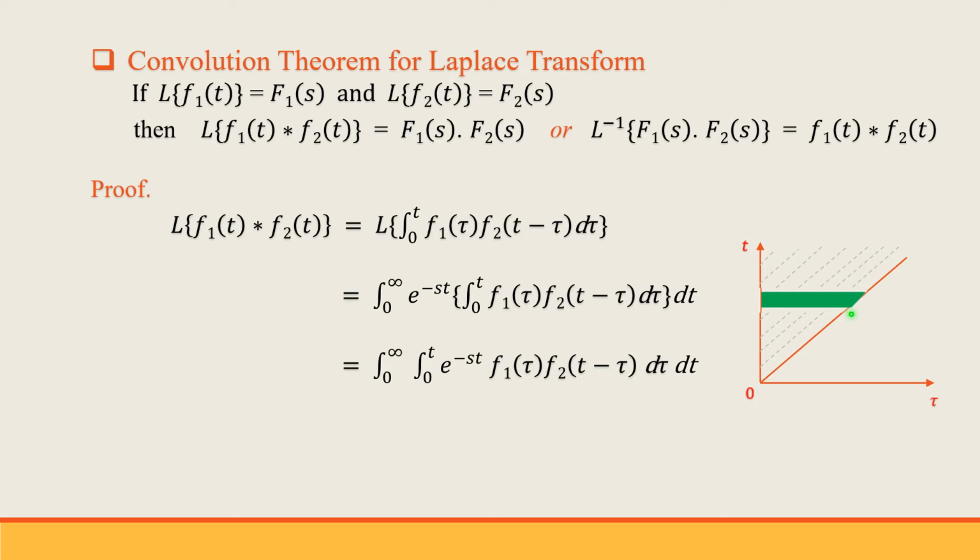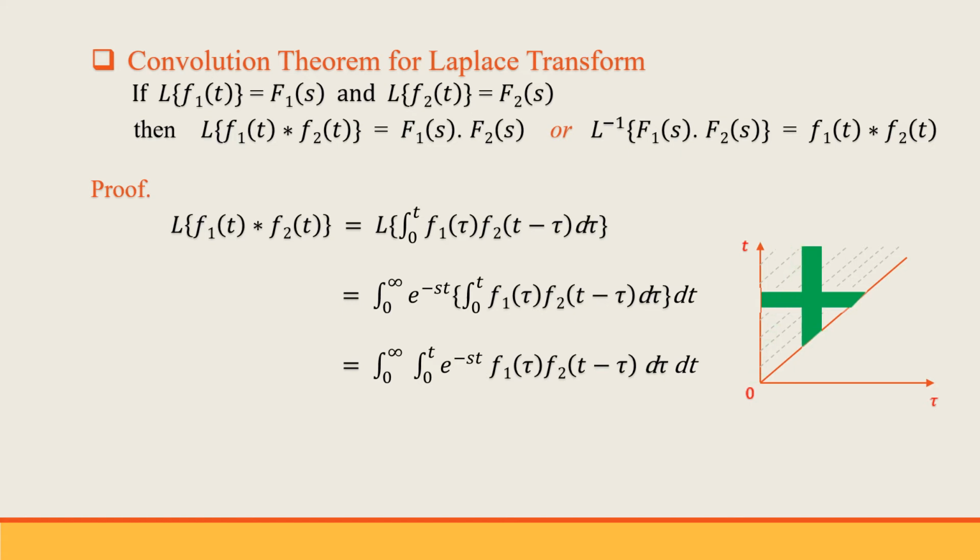And in the vertical axis, the strip is varying from t equal to 0 to t equal to infinity. Now, to change the order of integration, let us take a strip parallel to the t-axis. So, what are the limits for this strip? t is varying from t equal to tau to t equal to infinity. And tau is varying from tau equal to 0 to tau equal to infinity.